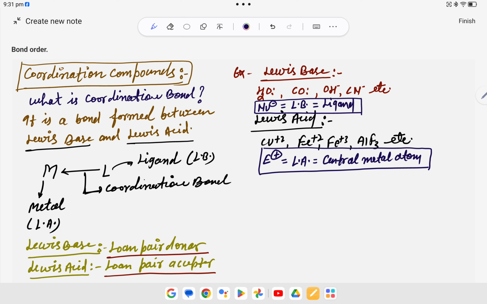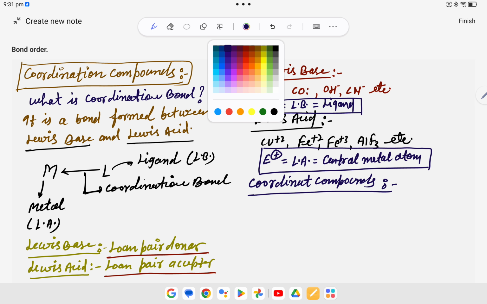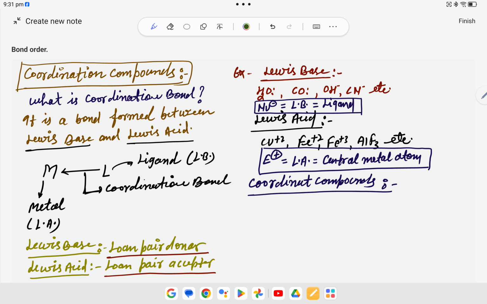Examples of coordination compound. So check the examples: Co(NH3)6 Cl2, Cu2 Fe(CN)6.